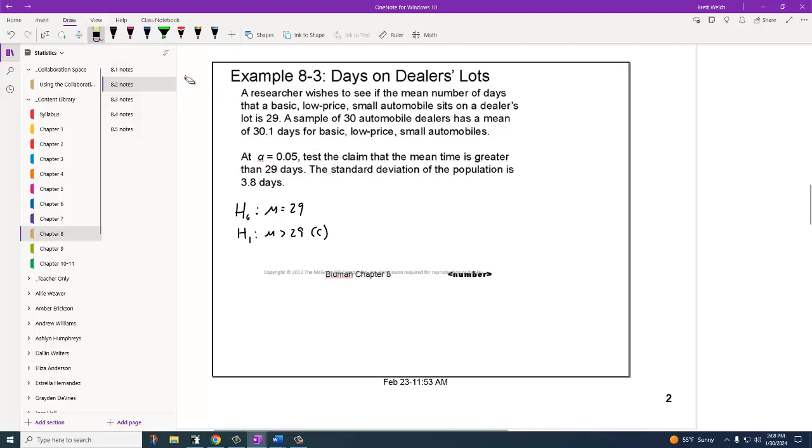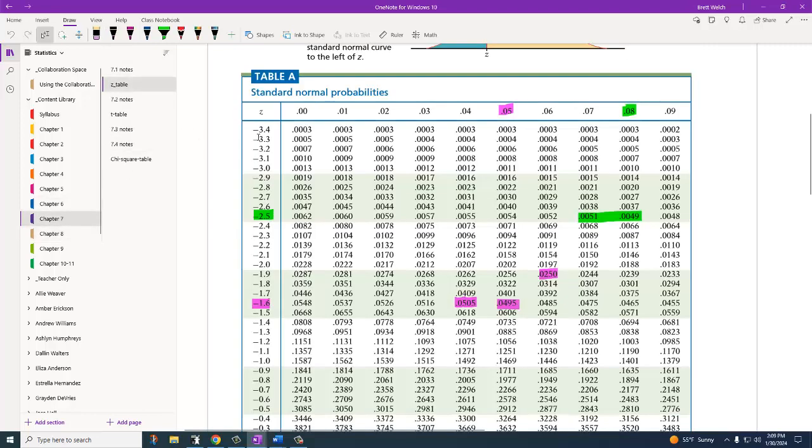All right, now the next thing I need to do is figure out on my bell curve where the critical values are going to live. Because this is a greater than, it's a right tail test, and because we want alpha at 0.05, that means 0.05 is the area to the right of my critical value. I need to know what that number is that creates the boundary. That's going to be off of my z table, which I'll go back to chapter 7 to find.